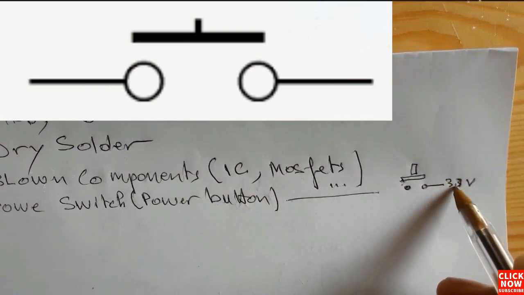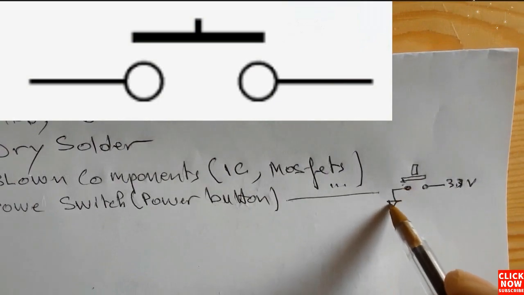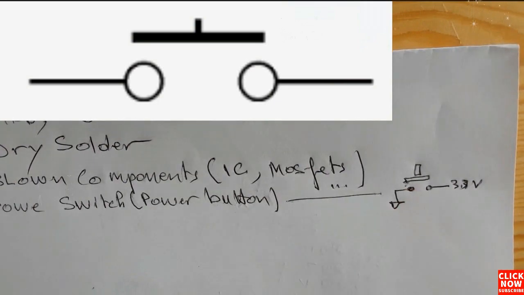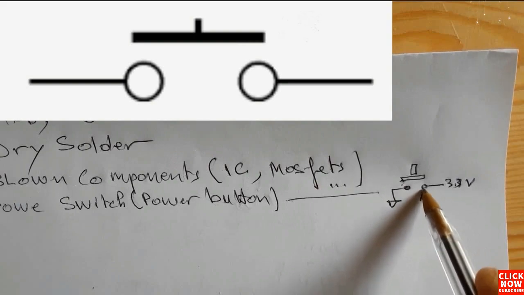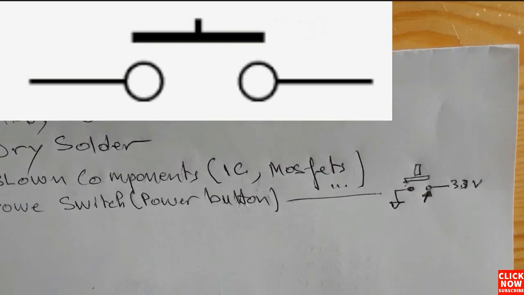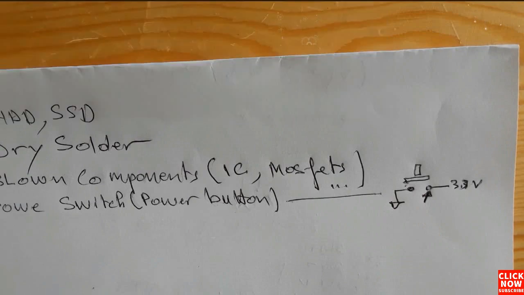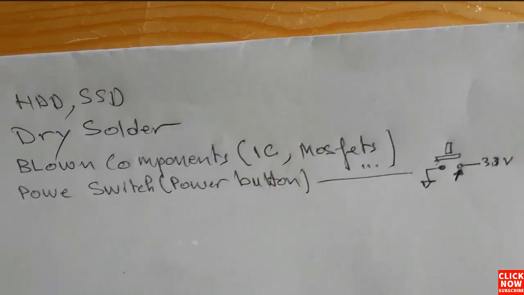You should always check whether you have the 3.3 volt at one terminal of the power switch or not, because the power switch has two terminals, one connected to the 3.3 volt power rail and the other to the ground. If you don't have 3.3 volt, you cannot get any response even if you press the power switch of the laptop.